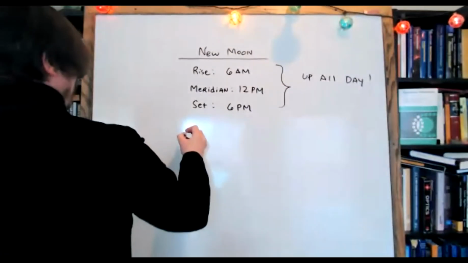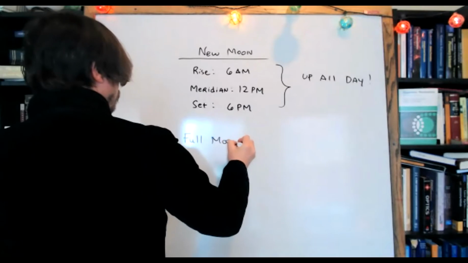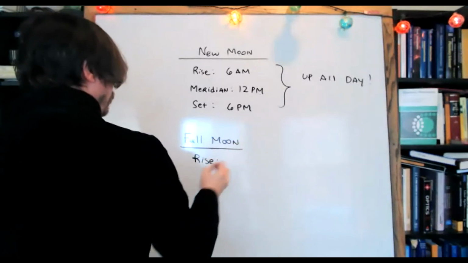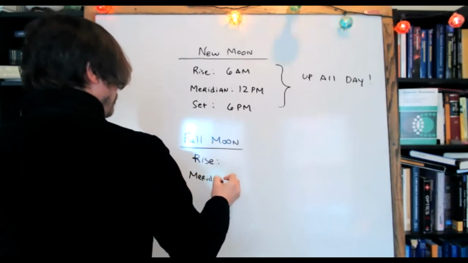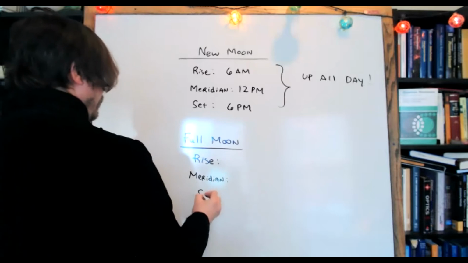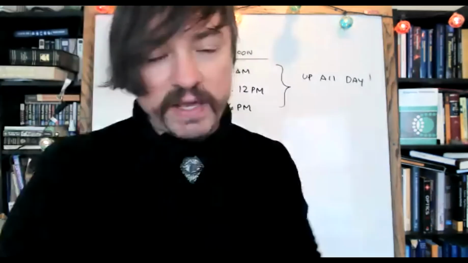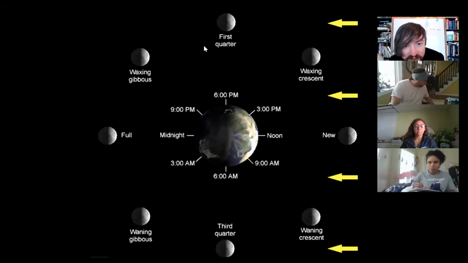Okay, let's see what we've learned. We're going to now try the full moon. We're going to figure out its time of rise, its time of meridian, and its time of set. Jenna, you will not answer because you've already proven yourself in the great halls of famous astronomers to understand what's going on. Someone besides Jenna has to try now.